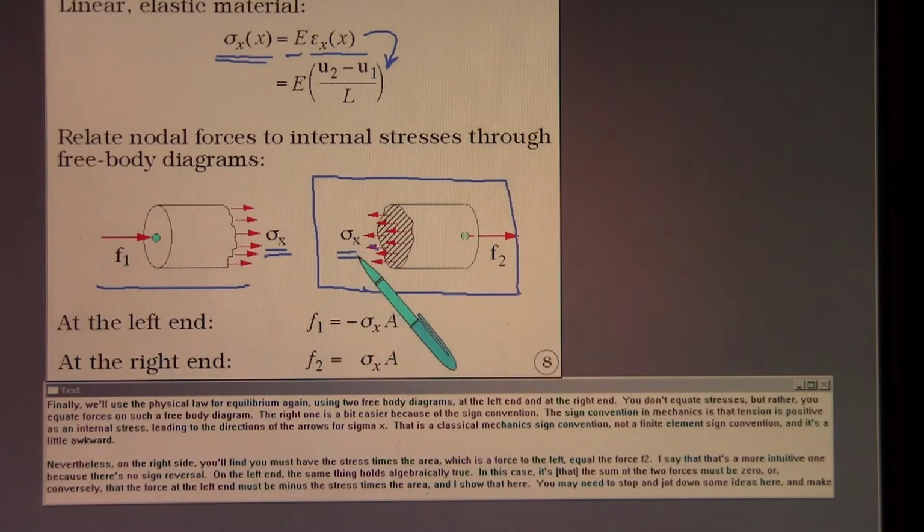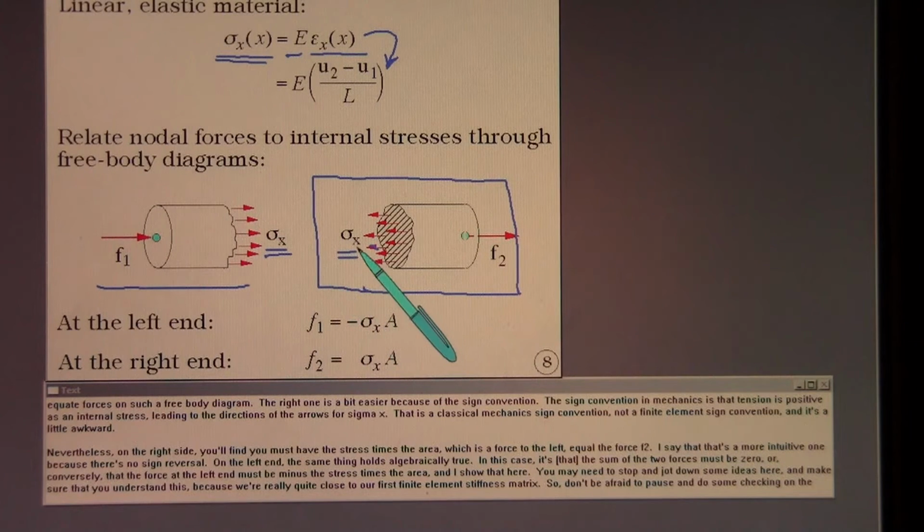That is a classical mechanics sign convention, not a finite element convention, and it's a little awkward. But nevertheless, on the right side, you must have the stress times the area, which is a force to the left, equal to the force F2. And I say that's a more intuitive one because there's no sign reversal.